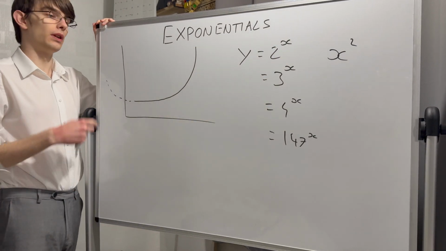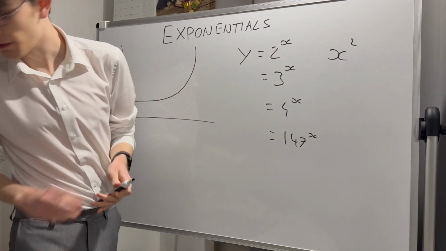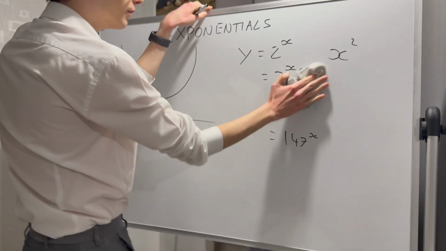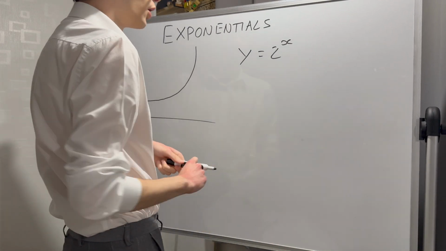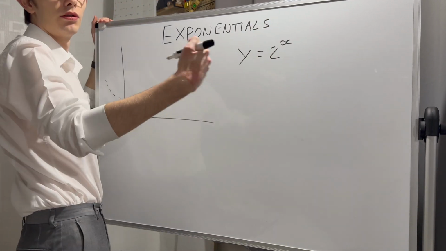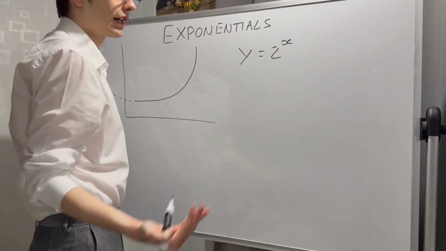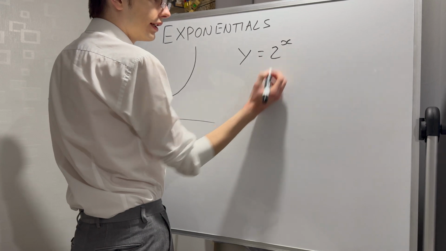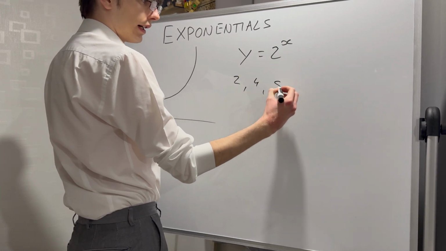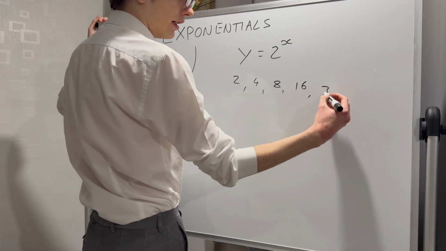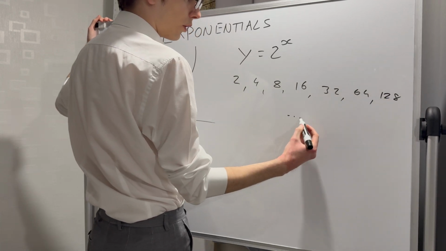The reason for that, if we think about it kind of logically, is if I just do my powers of 2, so if I just stick to this graph, y equals 2 to the x, well, my x values are going to go up nice and linearly: 1, 2, 3, 4, 5, 6, etc. But my y coordinates are going to start off with 2, then 4, and then 8, 16, 32, 64, 128, and so on.